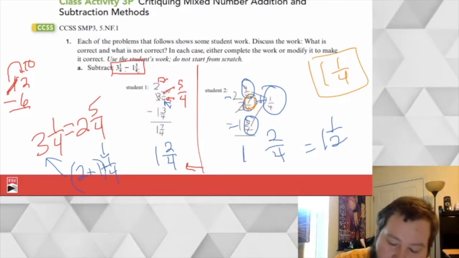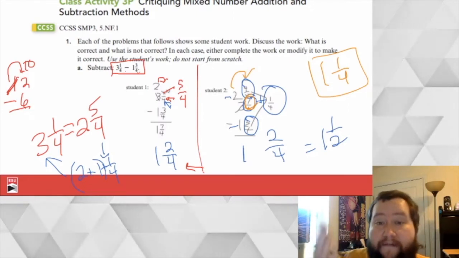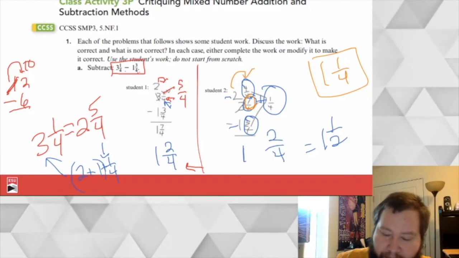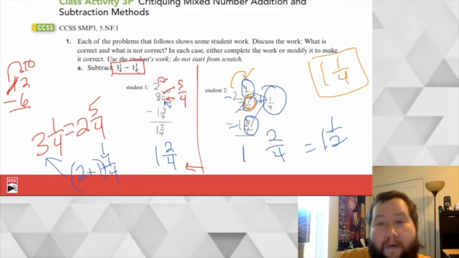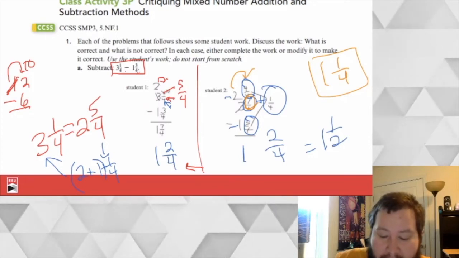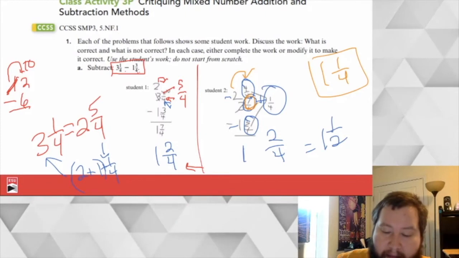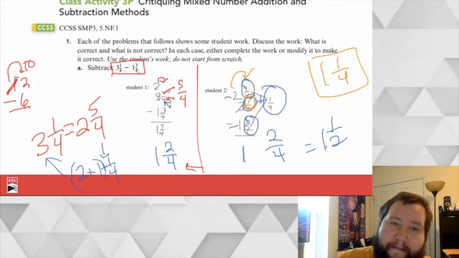Because when we rebundle this 2 into 4/4, we need to keep track of all 4 of them and not just round it up to the next whole. So thinking about the size of our whole is really important, and the size of our part inside the whole is really important when we think about all fraction addition and subtraction, but particularly mixed number.